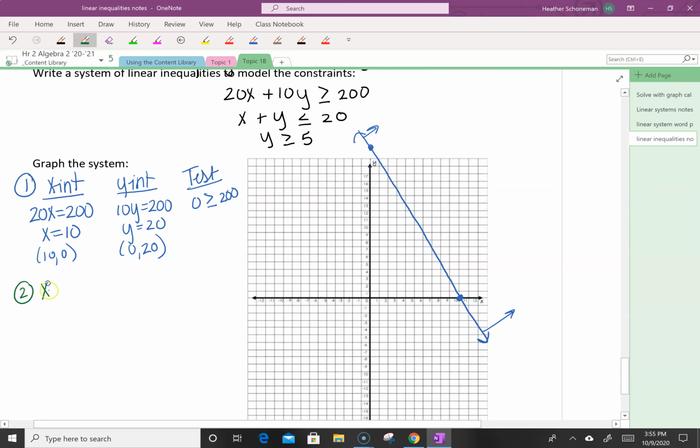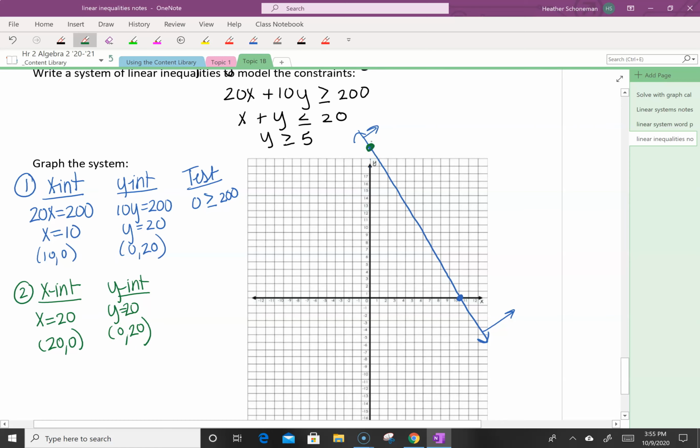On the next graph, it's in standard form as well, so I need to find the x-intercept and the y-intercept. So the x-intercept is when y goes away, so I get x equals 20. The y-intercept is when x goes away, so I get y equals 20. So my ordered pair is 0, 20. If I go to graph that, I've already done 0, 20. That's no big deal.